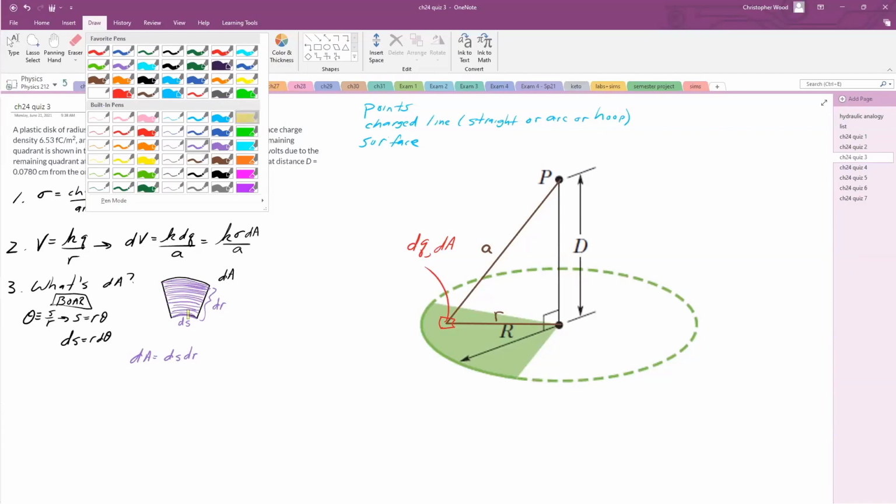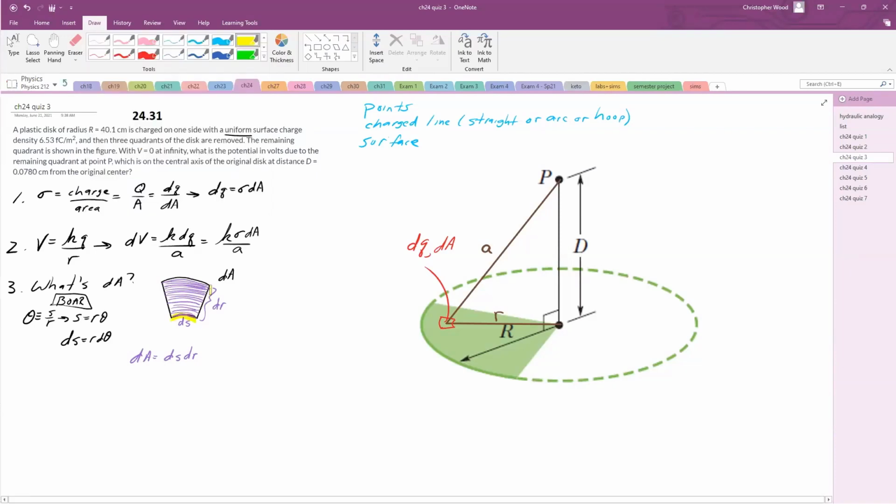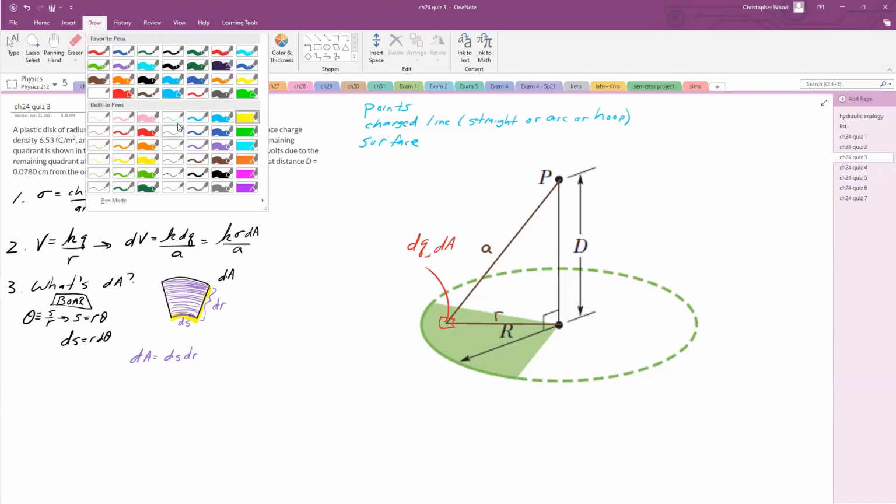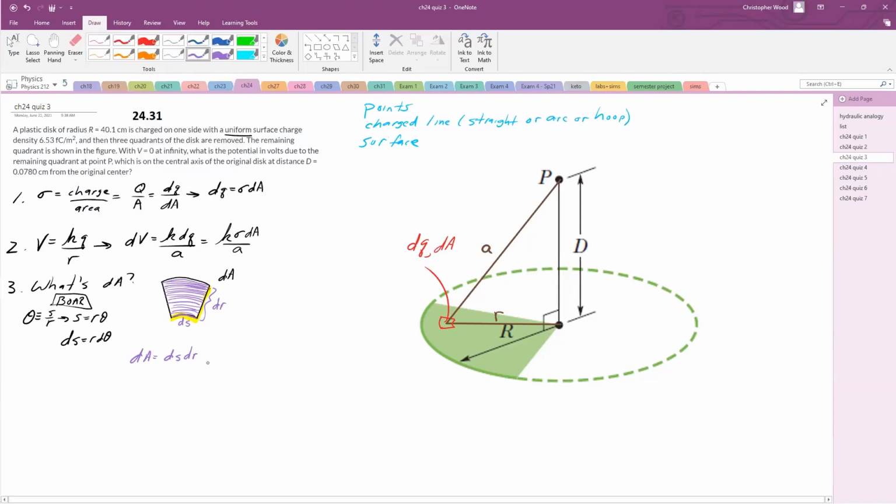I have one of these arc lengths here, and then I'm stacking them up dr thick. So dA is ds times dr, or because of my birth of a radian substitution, that's going to equal r d theta times dr. Okay, so that's dA, r d theta dr.